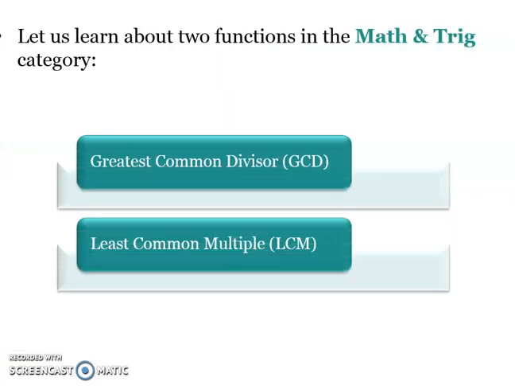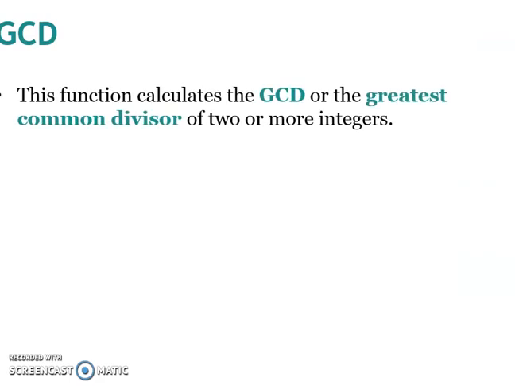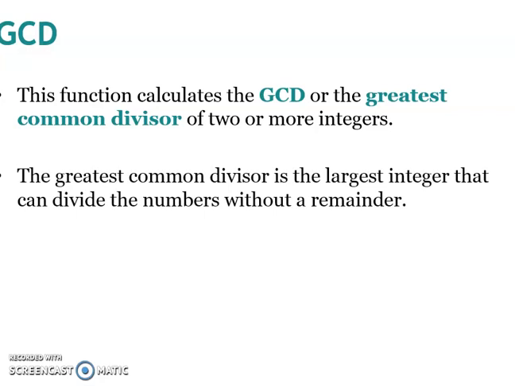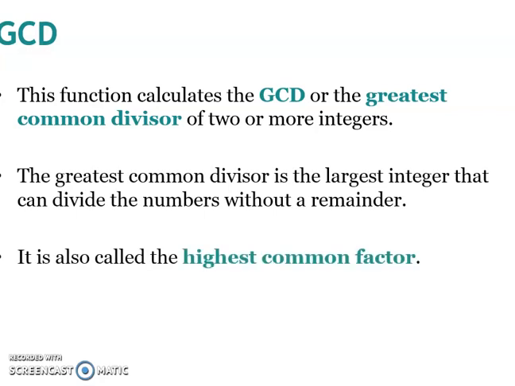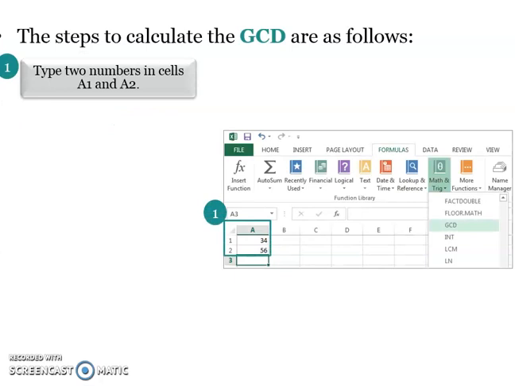Then we talk about Math and Trig. In this category, they have greatest common divisor and least common multiple. These two functions are also included in this tab. If we want to find the greatest common divisor of two or more integers, which is also the highest common factor, the steps are: firstly we select the cells for which we want the greatest common divisor.